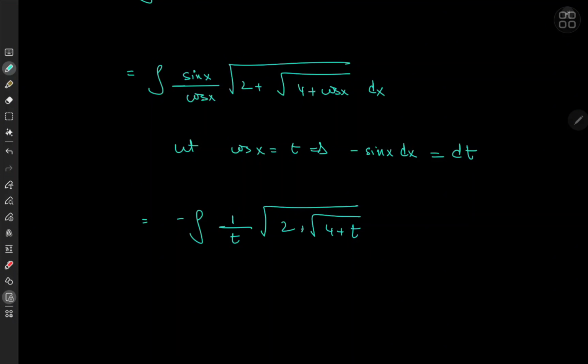And now take note of something. You do have nested square roots. Indeed we do, but we have nested square roots involving linear powers of the variable of integration, and that is t.